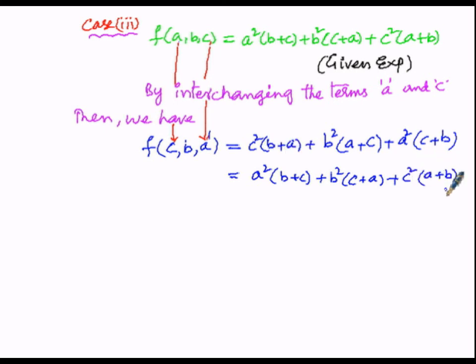But by observing this, a square into b plus c plus b square into c plus a plus c square into a plus b is equal to f of a comma b comma c. That implies f of a comma b comma c is equal to f of c comma b comma a.